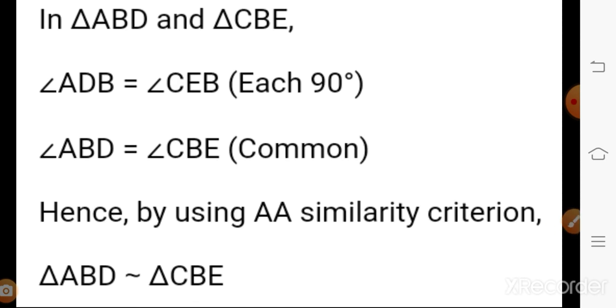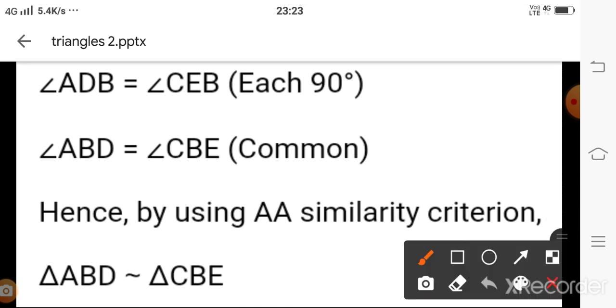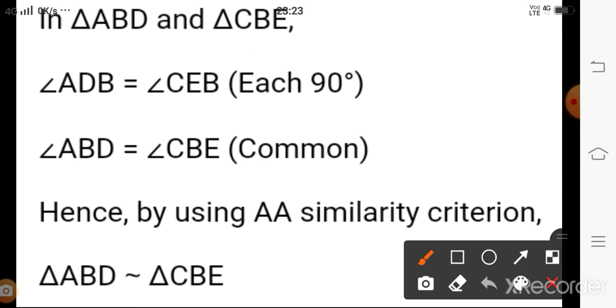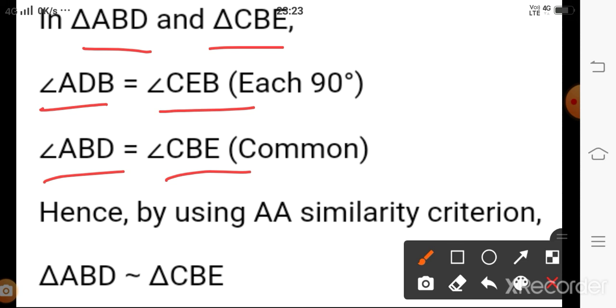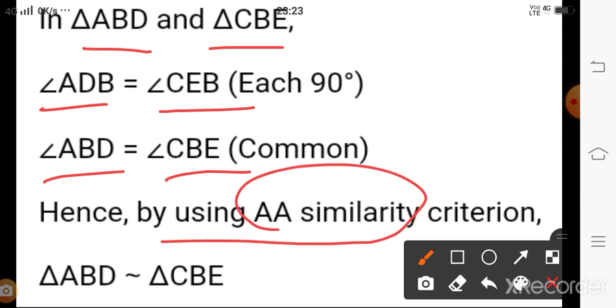Then easily we are able to write, in triangle ABD and triangle CBE, angle ADB is equal to angle CEB, both 90 degrees, and angle ABD equal to angle CBE, common angle, and therefore by AA similarity, triangle ABD is similar to triangle CBE.